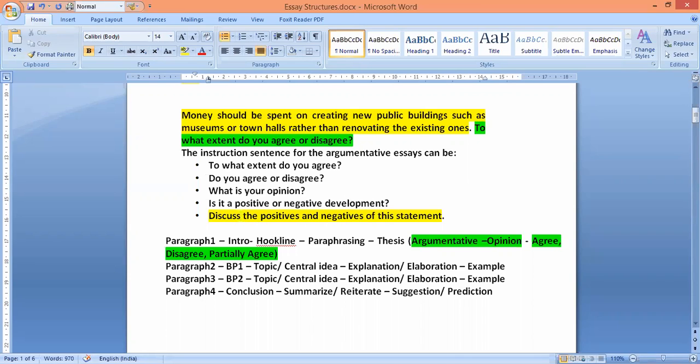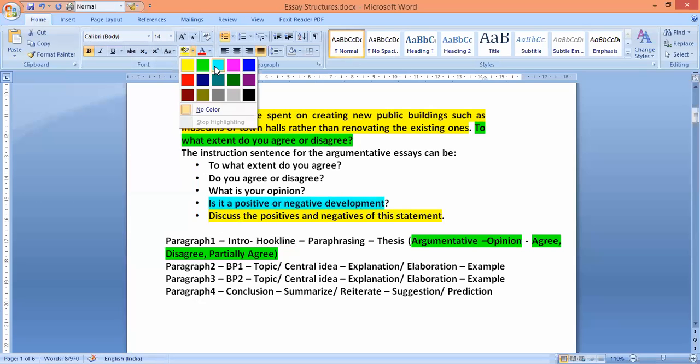If you are agreeing that it has both positive and negative development, then we can switch to the last option, discuss both positive and negatives of this development, and we should provide the opinion as well. Where did they ask for the opinion? If I think in terms of the previous one, is it a positive or negative development, and I'm aligning with that, it's both positive and negative. So if I'm providing an opinion on the previous one, I should provide it over here as well.